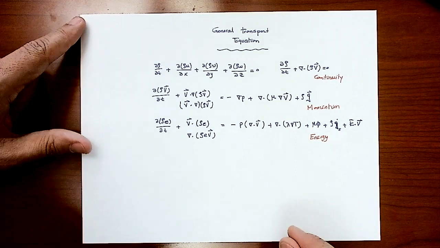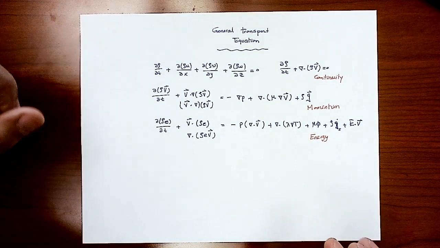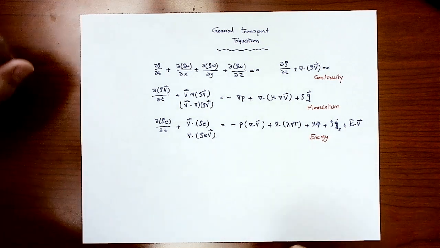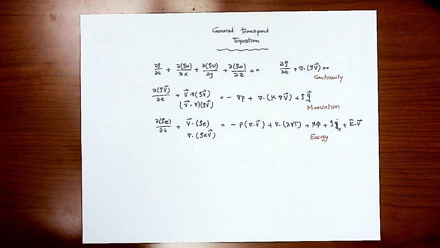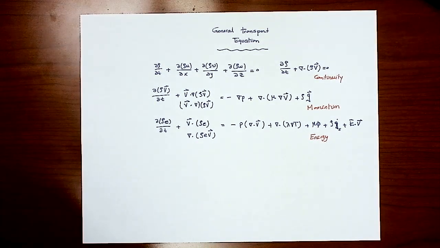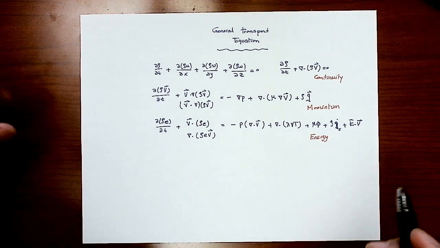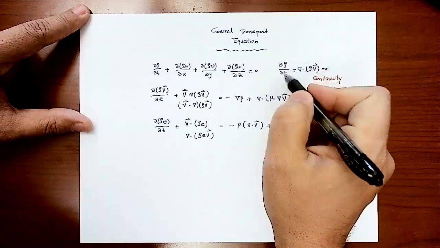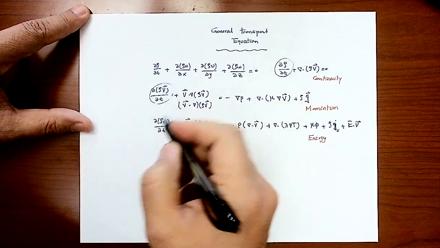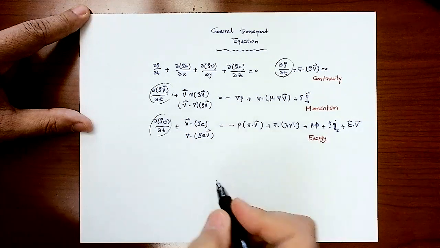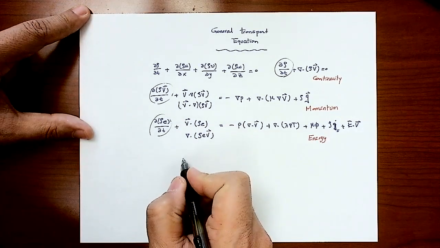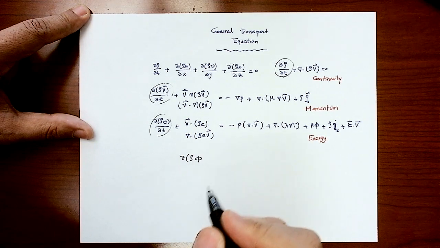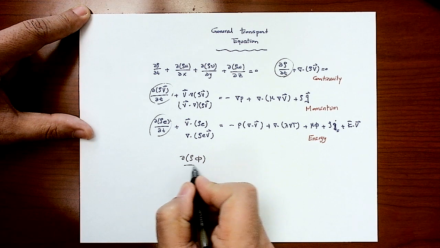So the question is, can we build a generalized form equation that represents all of them at the same time? And the answer is yes. There is a general form that can represent all of them with a little change in one parameter. So let's look at this equation here. We have the first derivative of time all the time, so we have a term representing the transient term, which is partial rho phi by partial t, where phi is a general variable.